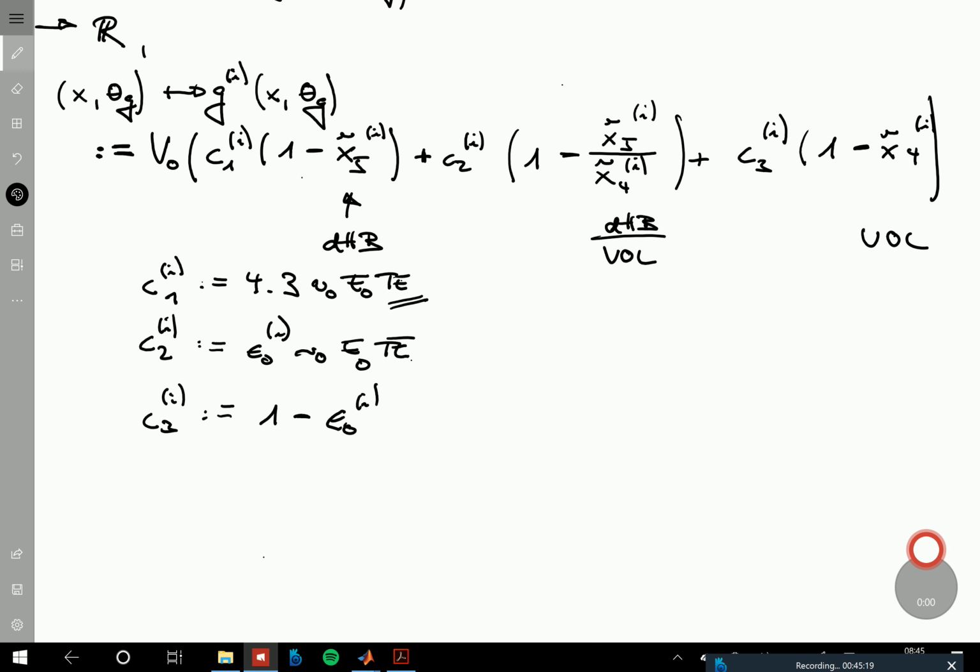E0 is the resting state oxygen extraction. But I'm looking for this epsilon 0.